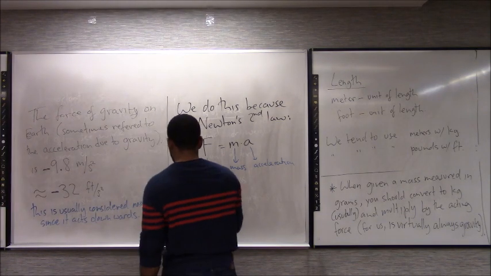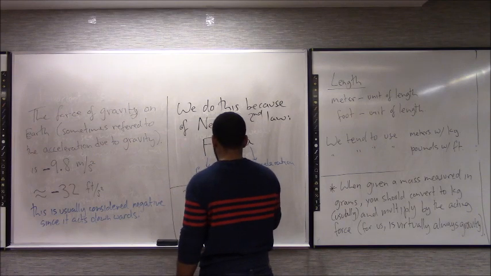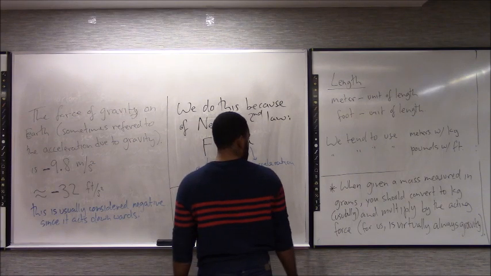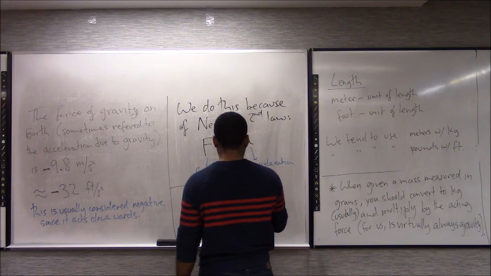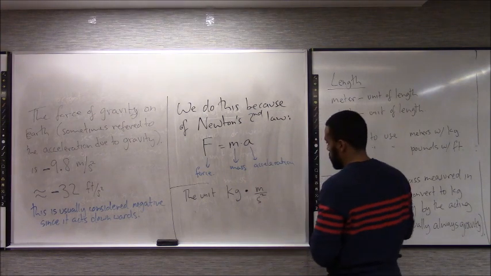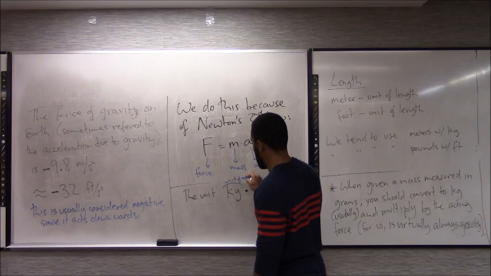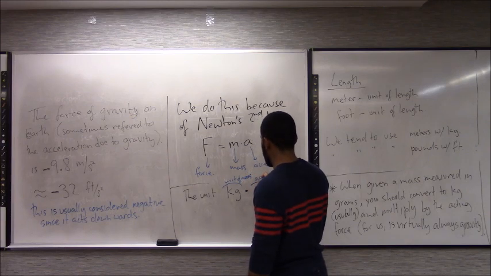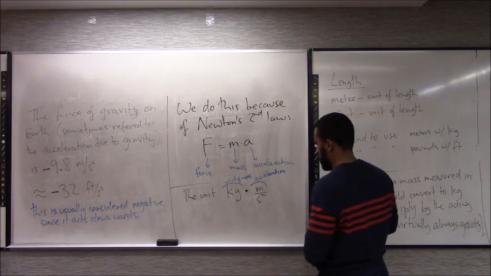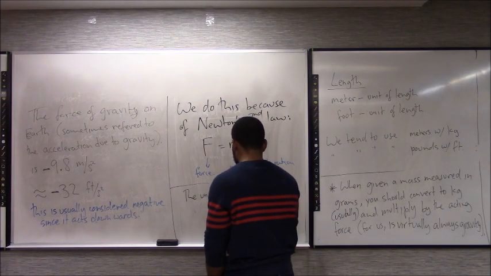Now, the unit kilogram times meter per second squared. Here, when you take the unit of mass times the unit for acceleration, you get a unit that we call, does anyone know what this is called? It's called a Newton.